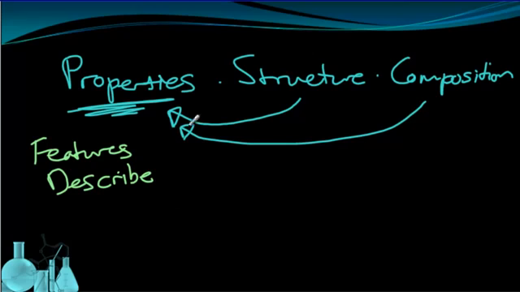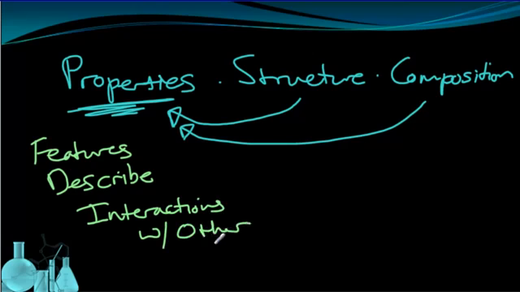But the really big deal about properties is that they also tell us how matter is going to interact with other matter. And that's going to be really big for chemistry, because we're going to be interested in how substances interact with each other, how matter interacts with other matter, and properties are going to be a big part of that.